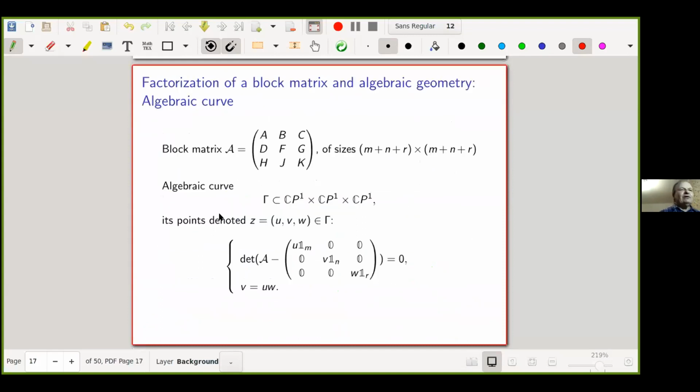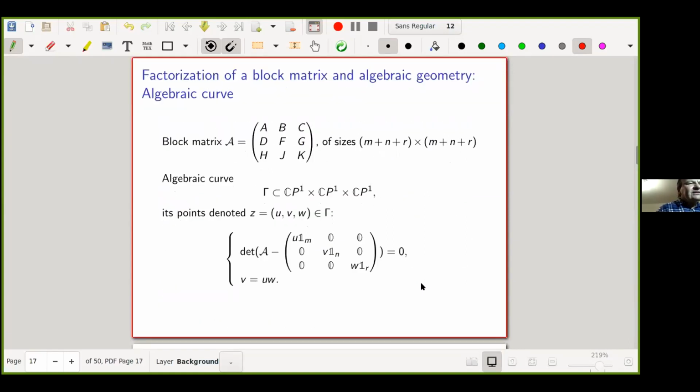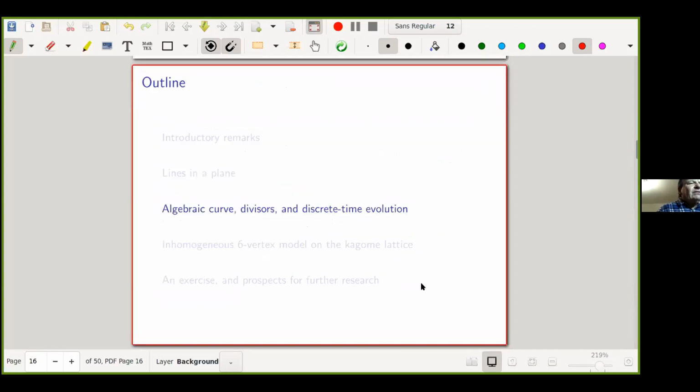Now something about algebraic geometry. You see, I am speaking about something exactly solvable, and all solitonic people know that an algebraic curve must correspond to all such things. So consider once again this refactorization problem.